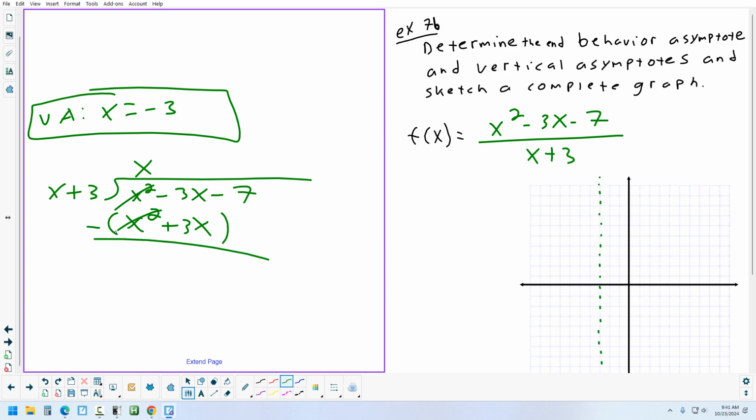What's negative 3x minus positive 3x? Negative 6x. And you don't need to bring down the 7, because that would be part of the remainder. What's negative 6x divided by x? Negative 6. There you go. That's your EBA. And because it has an exponent of 1, it's not curved, it's a slant.